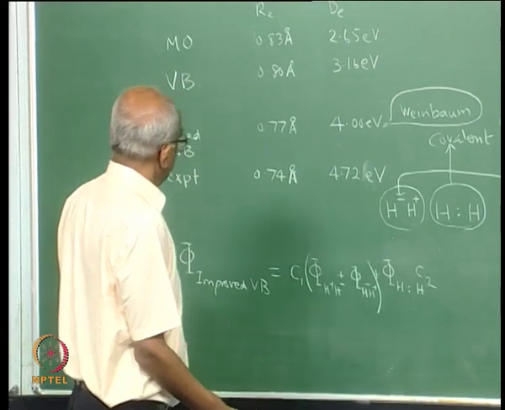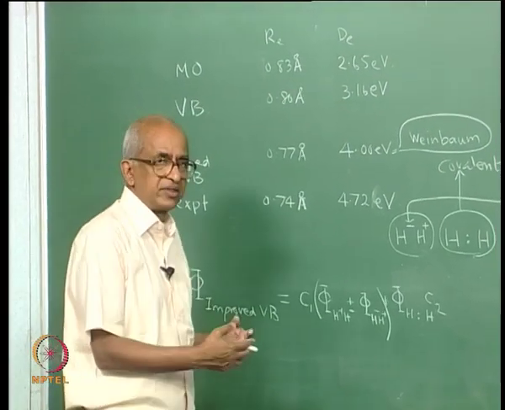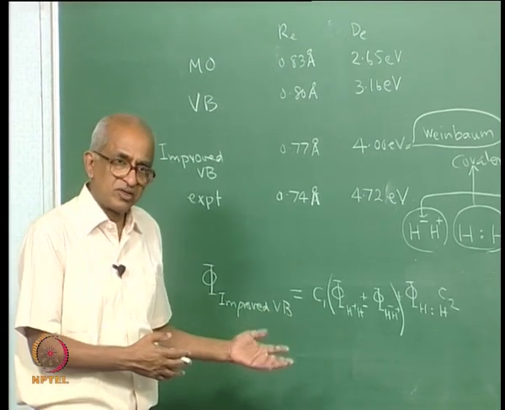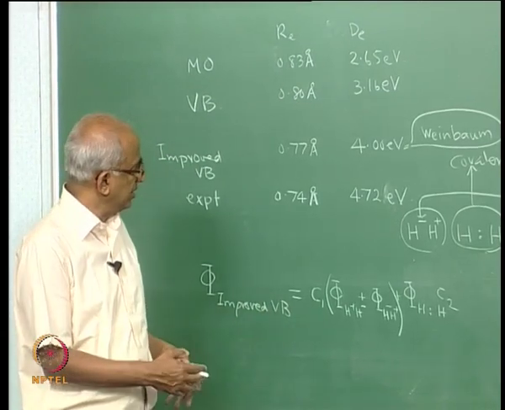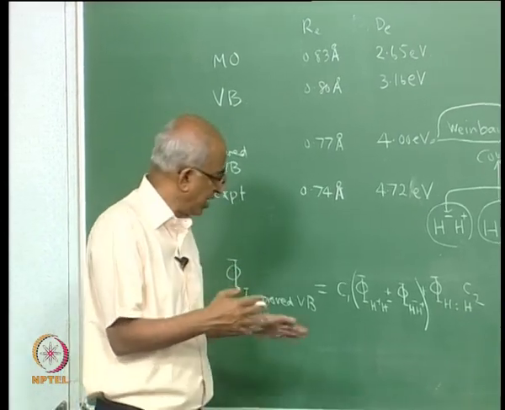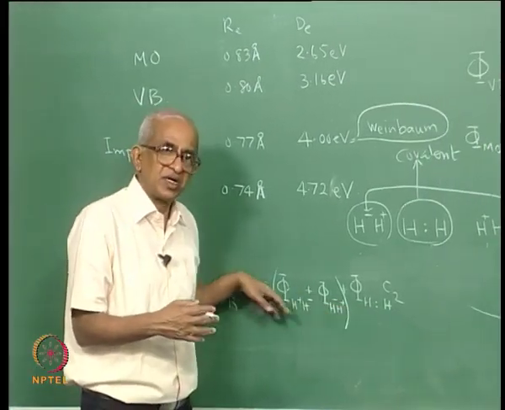Now, you may ask, is it possible to improve molecular orbital theory, and the answer is that yes, it is possible to improve the molecular orbital theory also in a similar fashion. And in fact, if you try to improve the molecular orbital theory, what will happen is that you will get exactly the same kind of function.